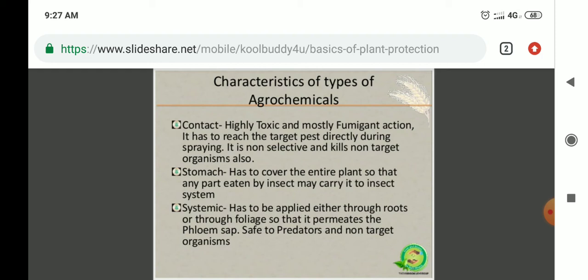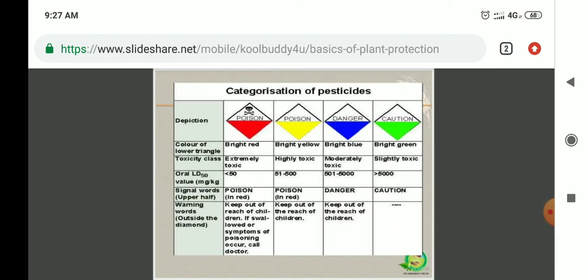It is non-selective and kills non-target organisms also. Second, the stomach type has to cover the entire plant so that any part eaten by the insect may carry it to the insect system. Next, the systemic type has to be applied either through roots or through the foliage so that it permeates the phloem sap, and it is harmless to predators and non-target organisms. These are the characteristics of the agrochemicals.